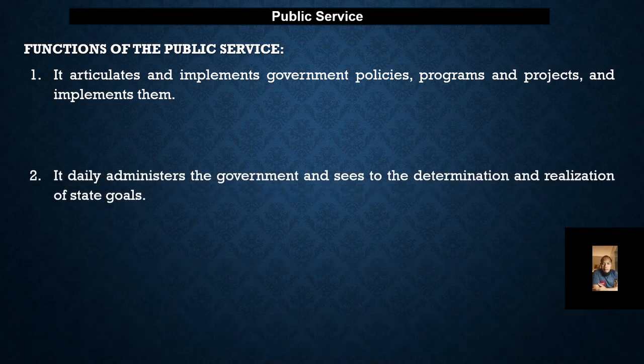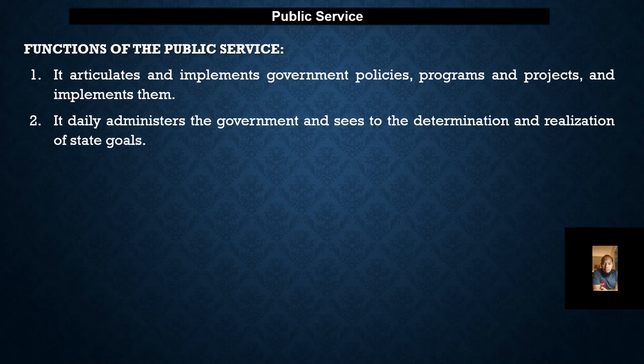Number two, it daily administers the government and sees to the determination and realization of state goals. So in the number two function, it daily administers the government. It supervises in a way that it sees to it that the movement or the activities are directed to the goal of the state or the government.